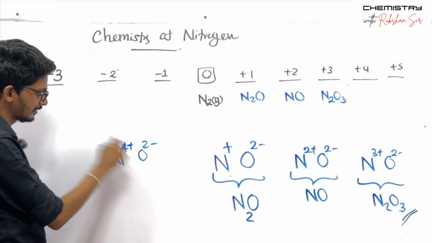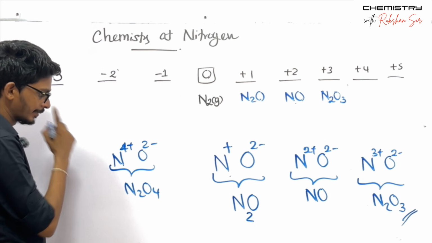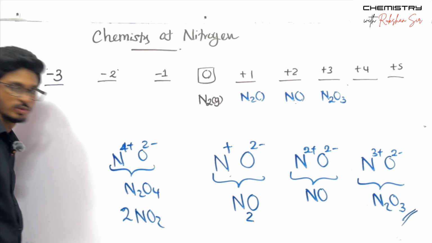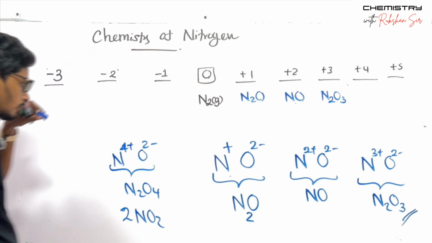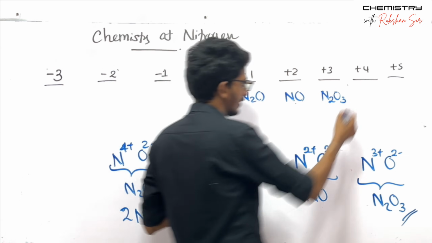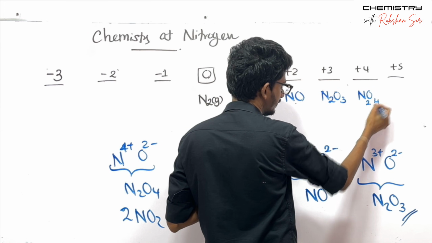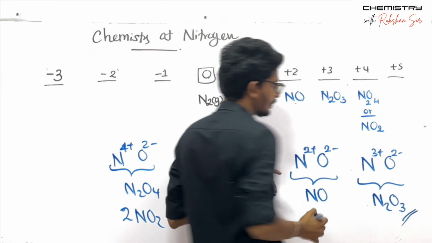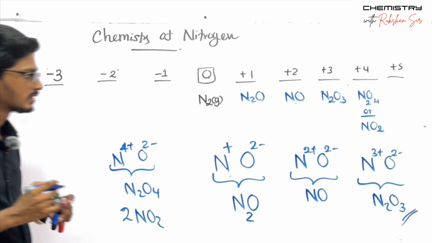One can write it as N2O4, or that is just 2 of NO2. Actually, both forms are available, N2O4 as well as NO2. So we can write N2O4 or NO2.